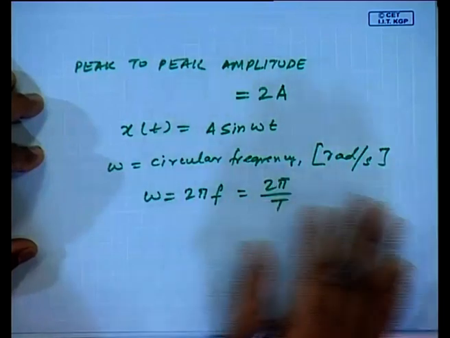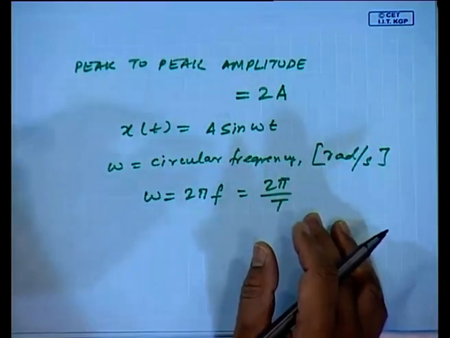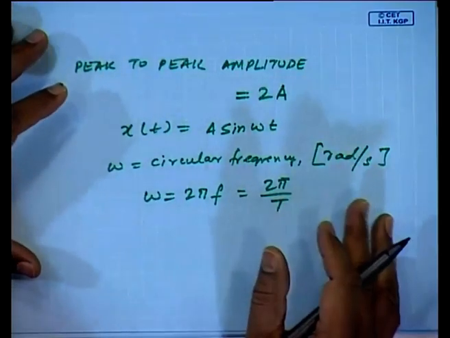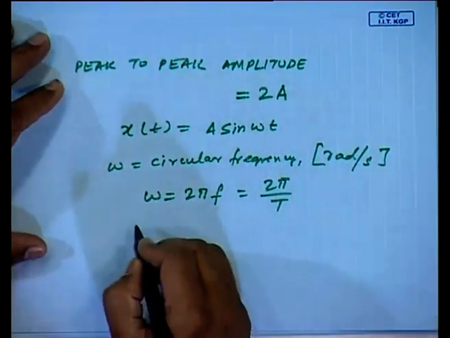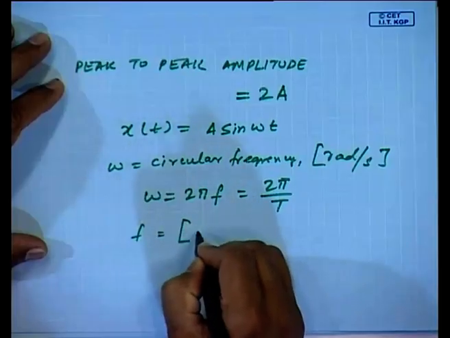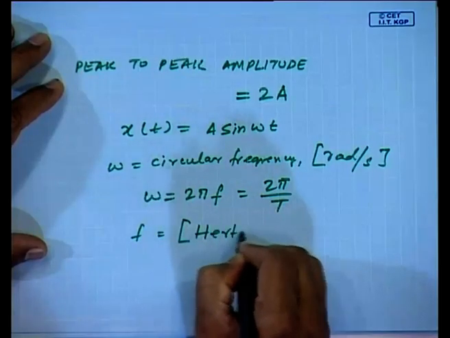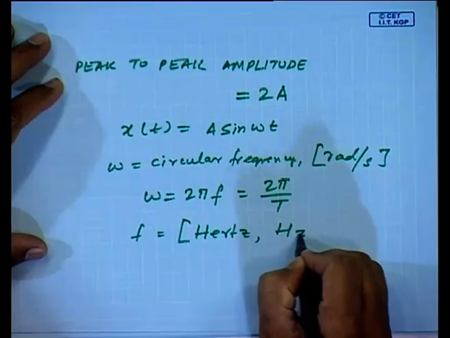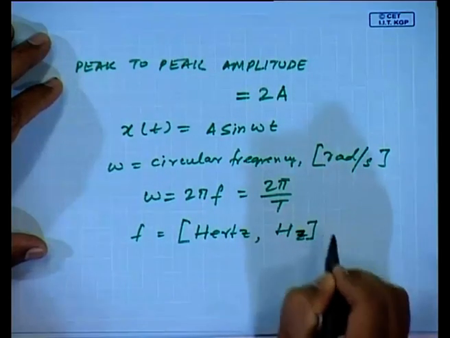Sometimes you will see in instruments we measure in milliseconds, microseconds, so you have to be careful about these units. For example, the unit of frequency is hertz, and it is written as capital H small z.